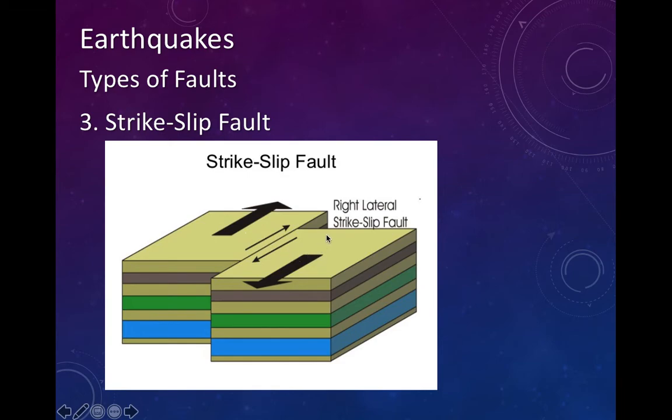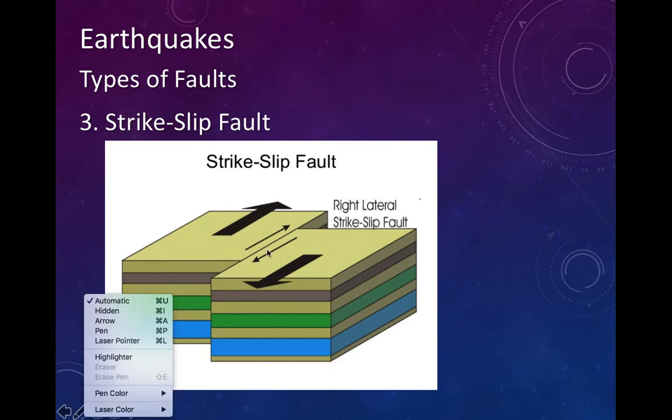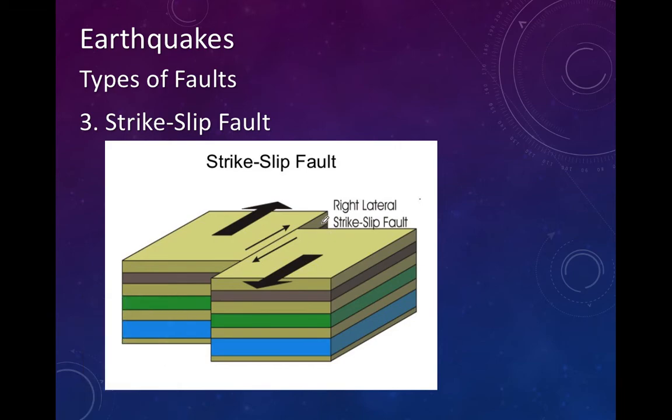Now, the hardest part with strike-slip faults is figuring out if it's a right lateral strike-slip fault or a left lateral strike-slip fault. And the best way I know to do this is to pretend maybe that you are standing over here on this side and you are looking over across to this side.